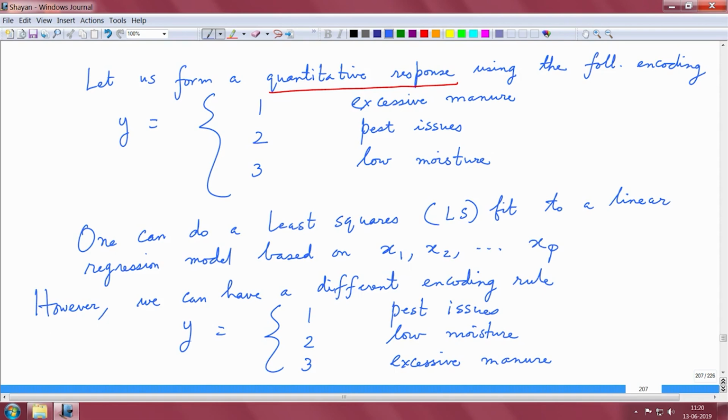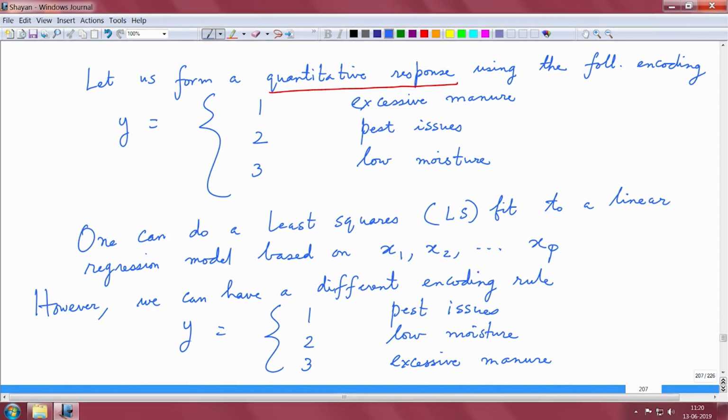However, a different encoding rule is also possible. We can have y take the value 1 if it is a pest issue, 2 if there is low moisture content, 3 if there is excessive manure in the soil.